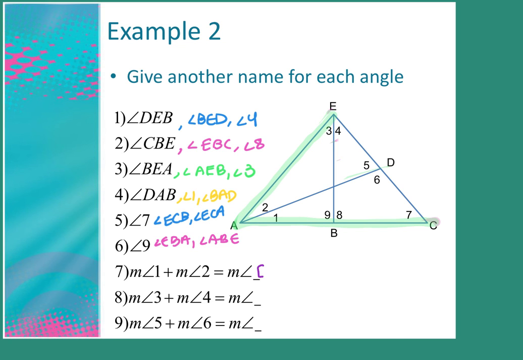So I can call that EAC or EAB or CAE or BAE. Jonathan? Could number 7 be BAE? Yes, it could also be BAE.